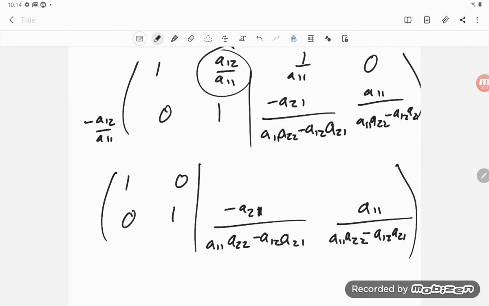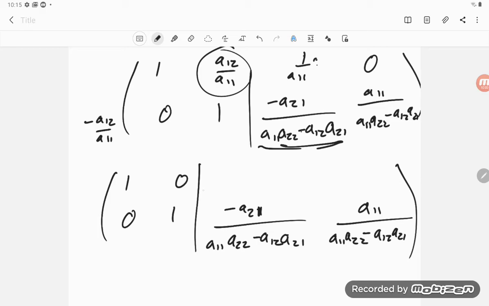Okay, in the top, I multiply the bottom here by this minus a12 times the minus a21, and multiply the bottom by a11, and then I need to add that up here. That's looking nasty, but to get a common denominator up here on the 1, I just need to multiply by this thing down here.